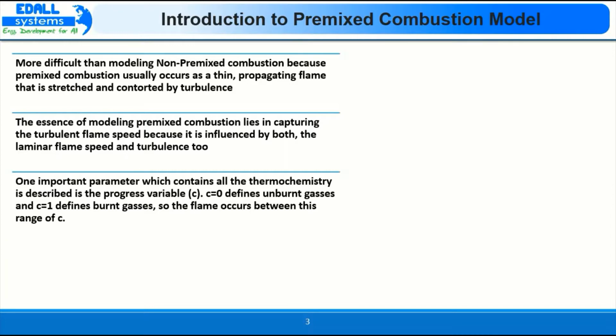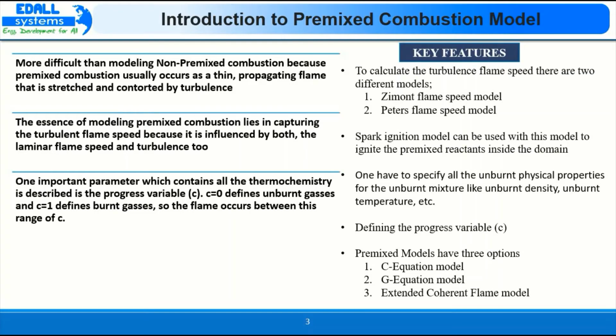Some of the key features of this model are: this model offers two types of flame speed determination models, that is the Zimont flame speed model and the Peters flame speed model. To ignite the premixed mixture which is present, we can use the spark ignition model. One more important thing in modeling premixed combustion is that we have to specify every unburnt physical property for the unburnt mixture.